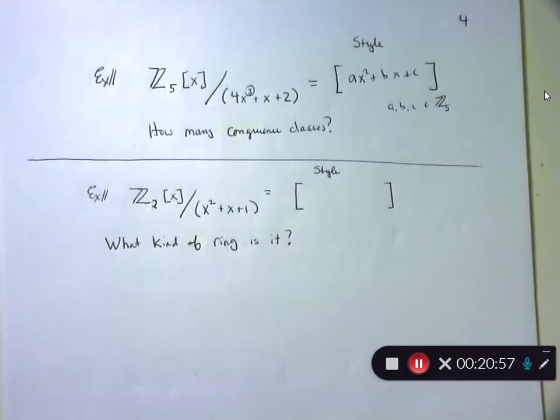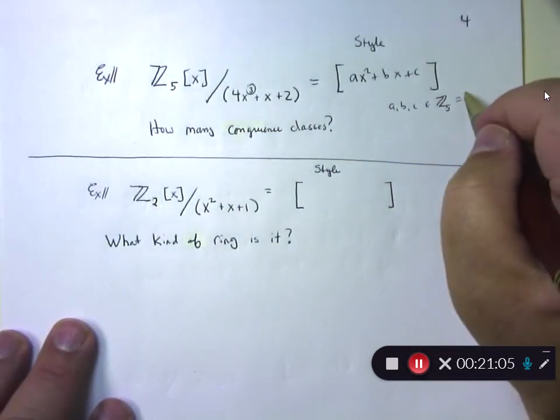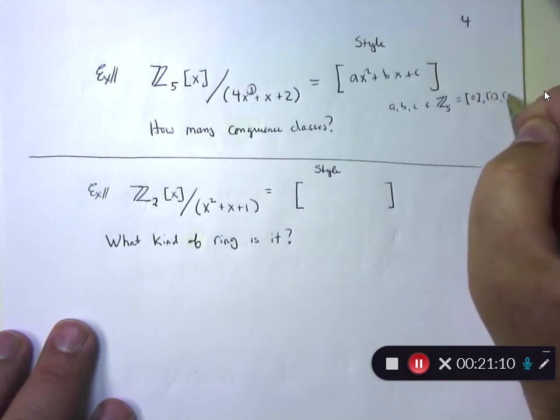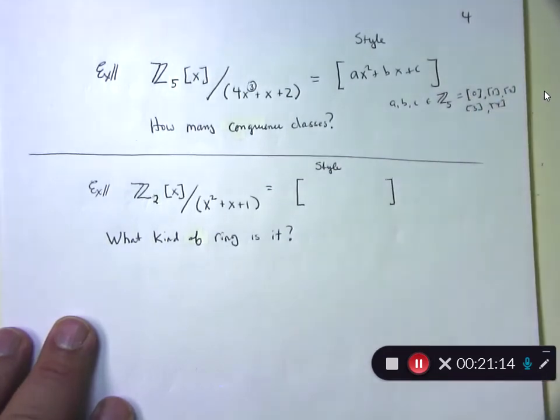So the question is, because that's a lot of them, how many congruence classes are there? Well, for Z5, just to remind you, Z5 is 0, 1, 2, 3, and 4. There are 5 congruence classes.